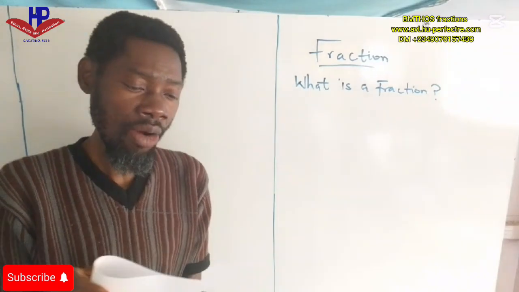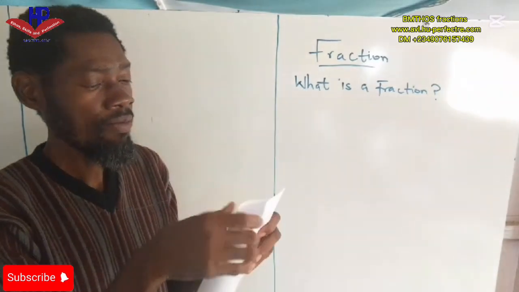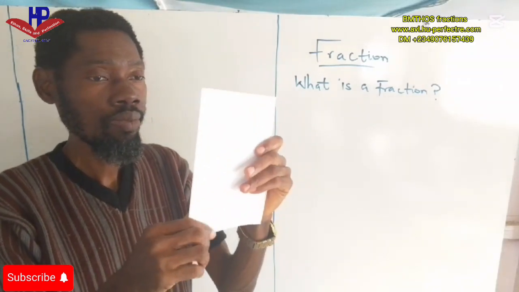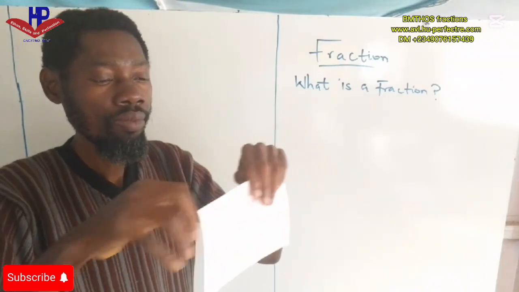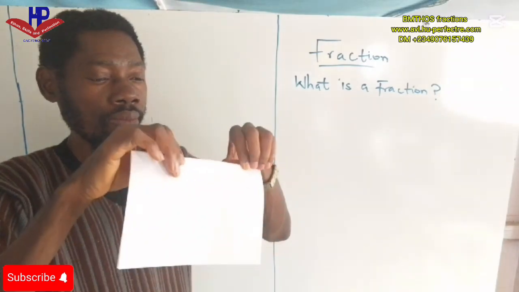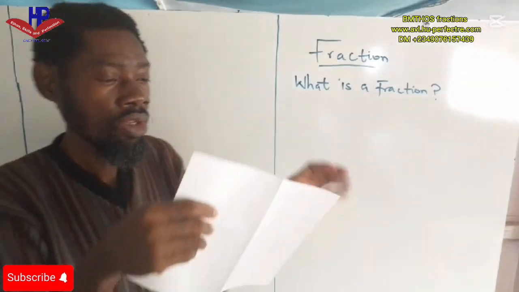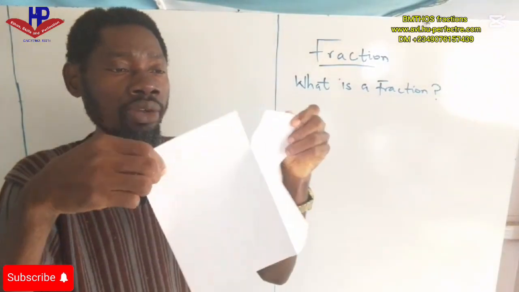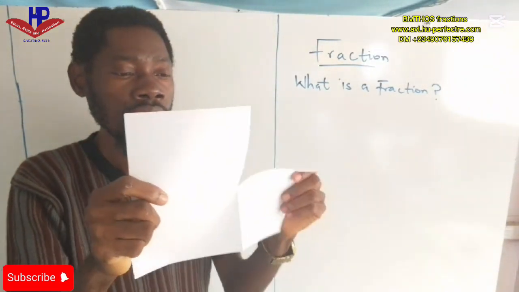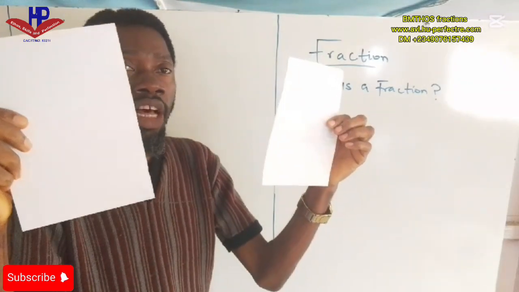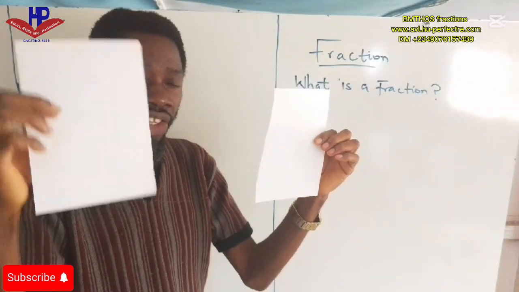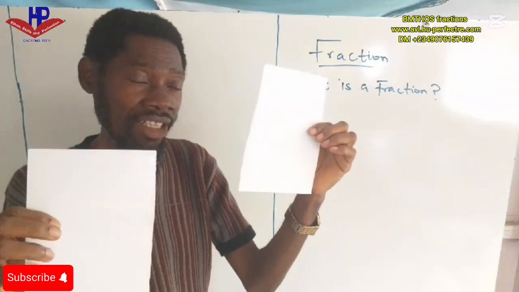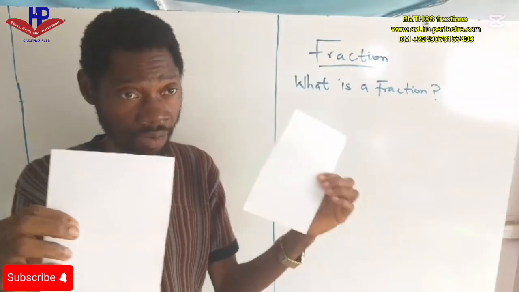Now, I want to create a part of this shape. So the whole shape has been cut into two. This is a part of the whole shape, and this is also a part of that whole shape.